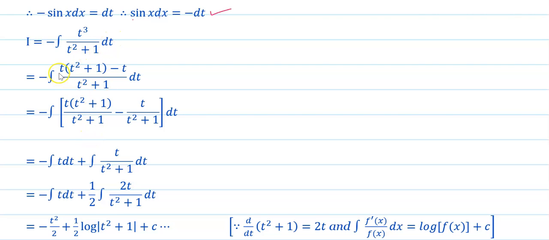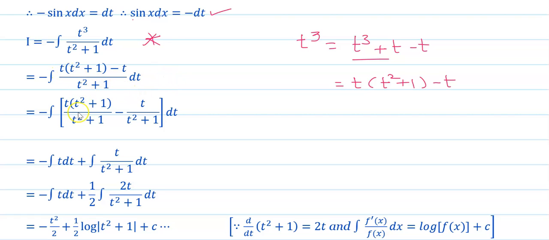Now here, t cube can be written as t cube plus t minus t. Take t as common from here, then you will get t in bracket t square plus 1 minus t. This adjustment is important.